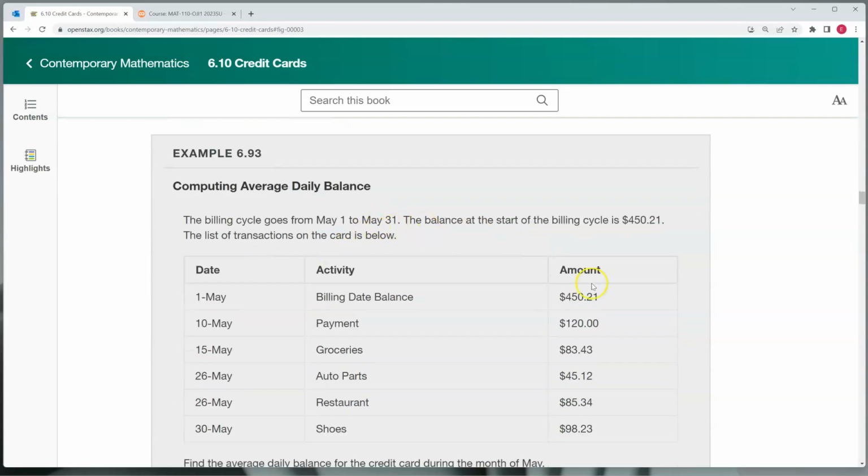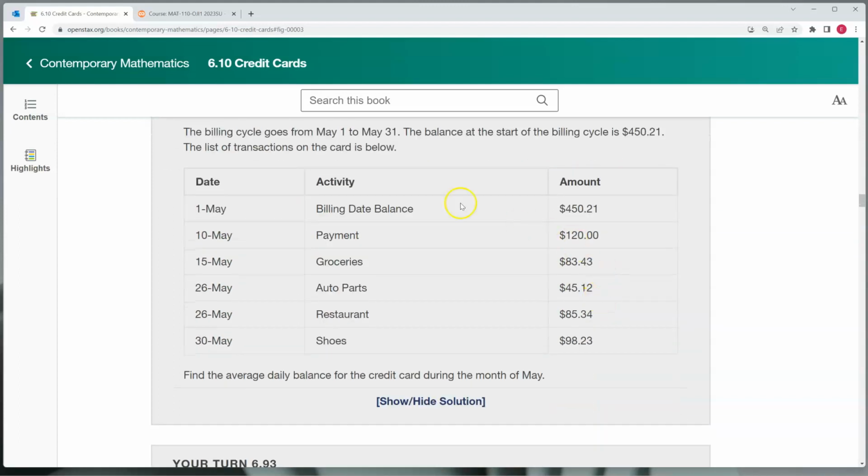So this is a credit card, kind of a log of what was purchased. The balance at the start of the billing cycle on May 1st was $451.21. And then on May 10th, this person made a payment, which would reduce the balance by $120. Then on May 15th, they bought some groceries for $83.43. Then they purchased some auto parts for $45.12.